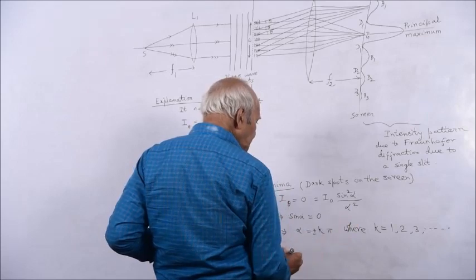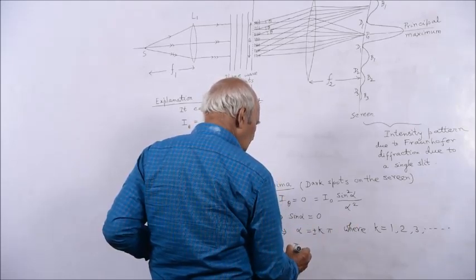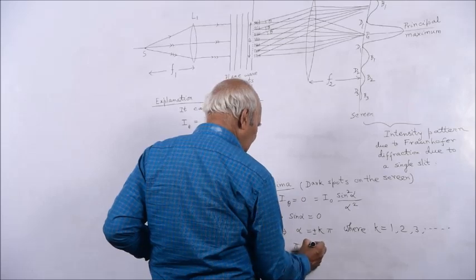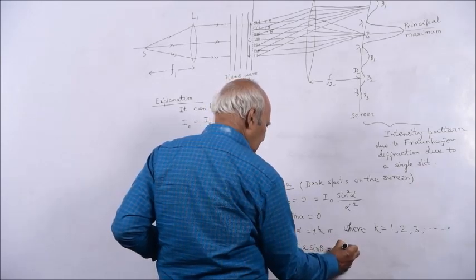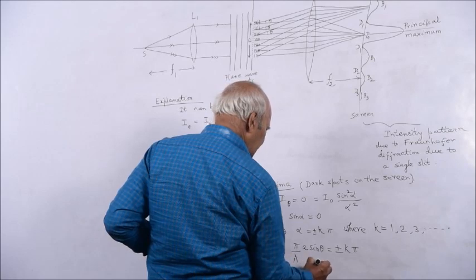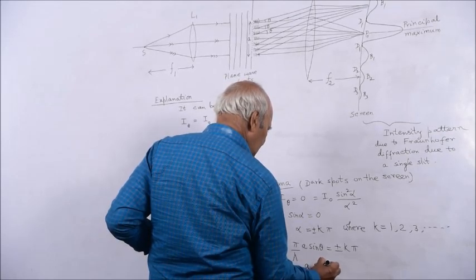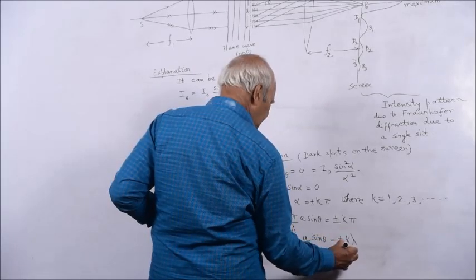So that means pi by lambda a sin theta is equal to plus minus k pi. So a sin theta is equal to plus minus k lambda.